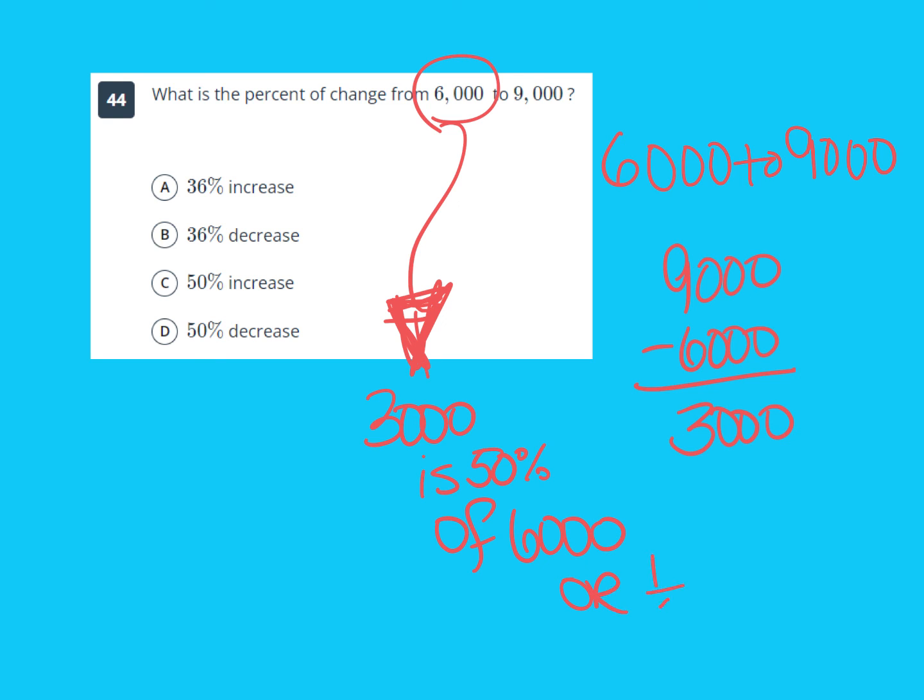Or 1/2, right? So it's a 50%, and this, of course, is an increase. So it's a 50% increase. That was an easy one.